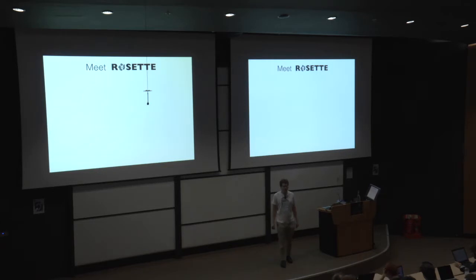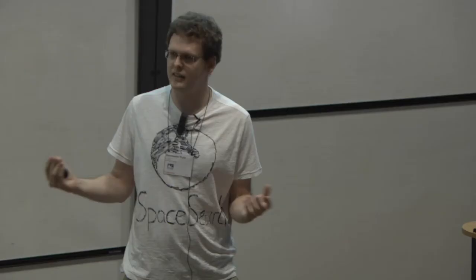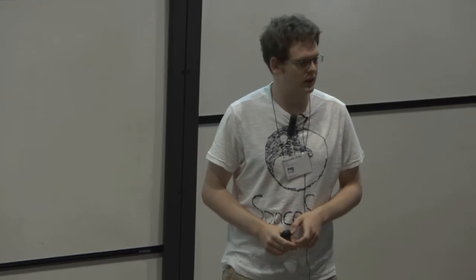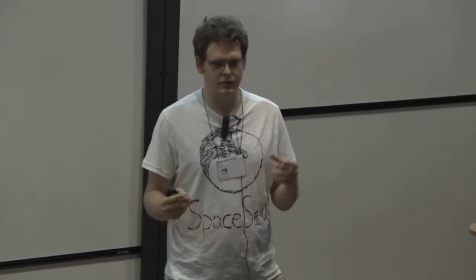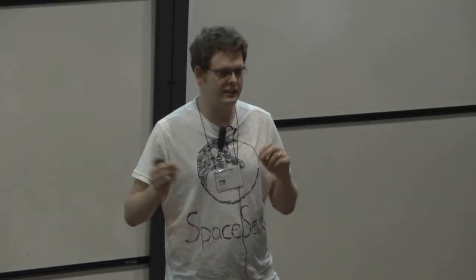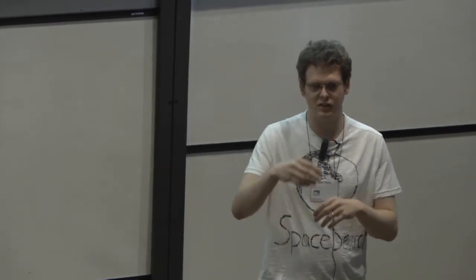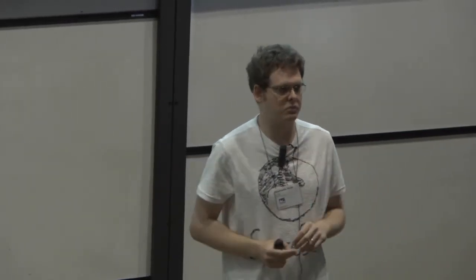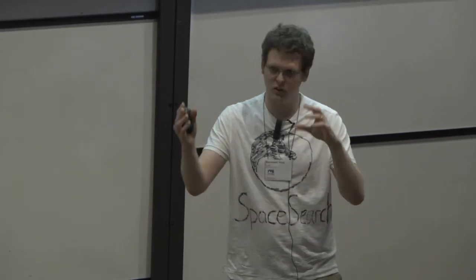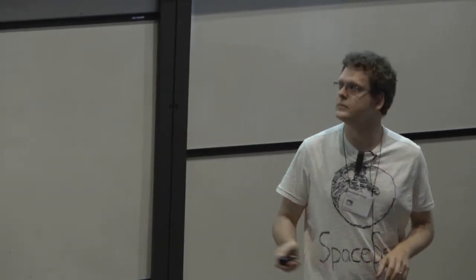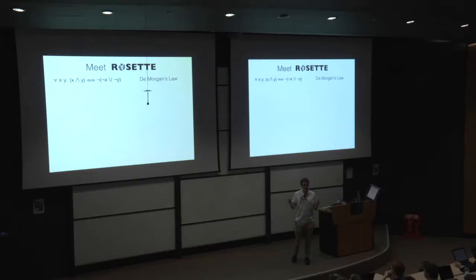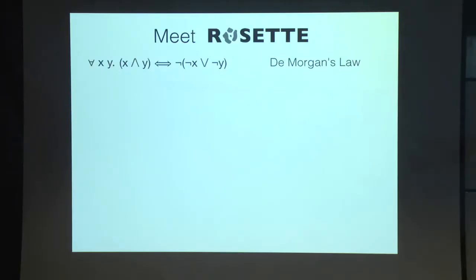The Rosette programming language is an extension to the Racket programming language that extends the interpreter to also enable symbolic execution. So you can create symbolic variables and make assertions and then search for assignments to symbolic variables such that you avoid assertions, for example. So let me actually show you a little bit on an example how to do this.